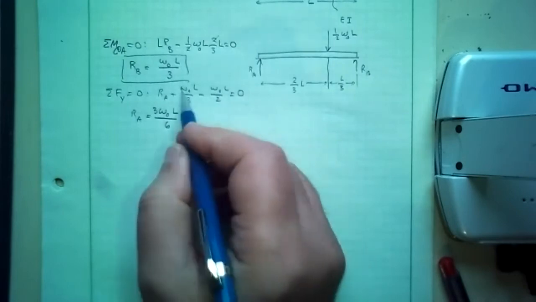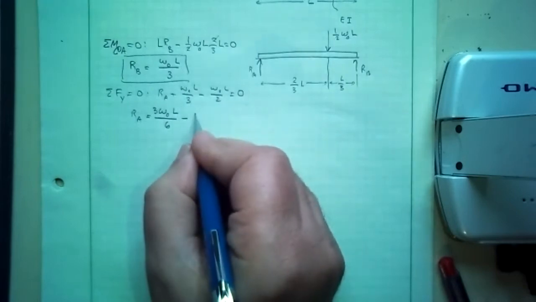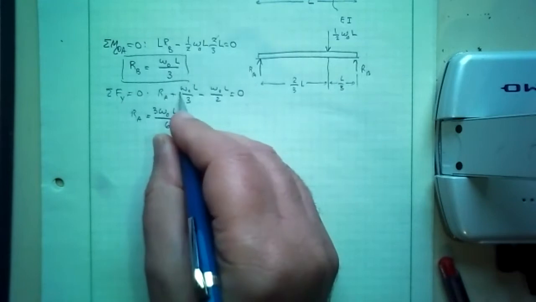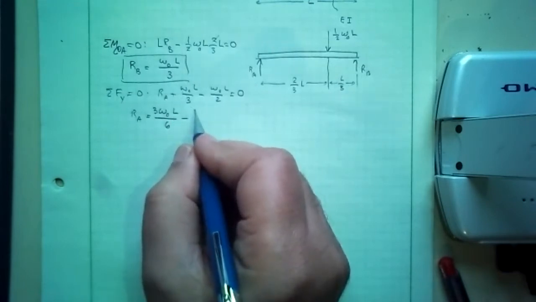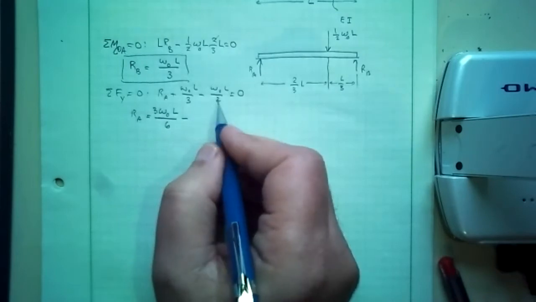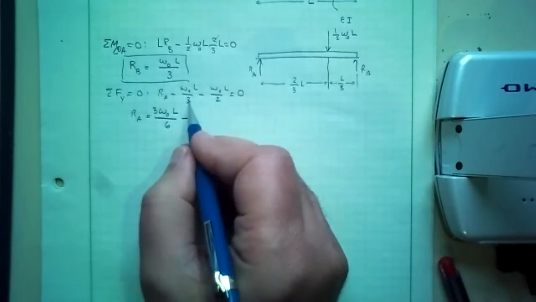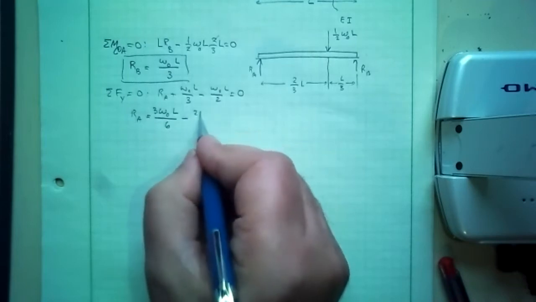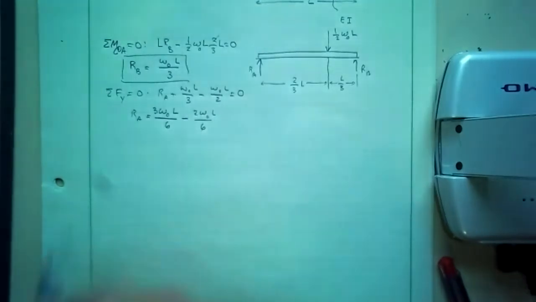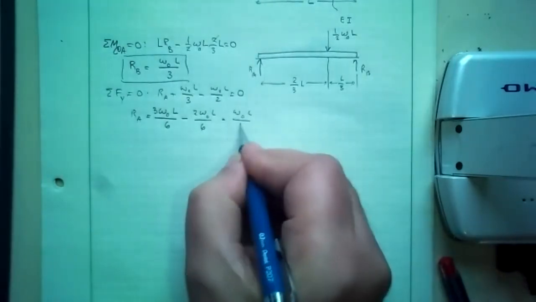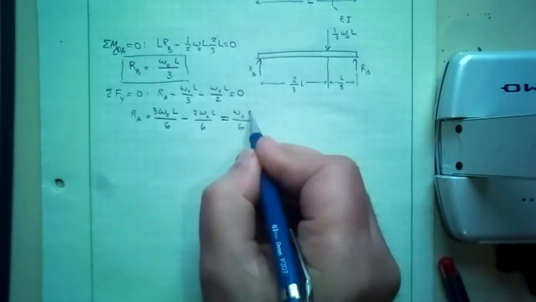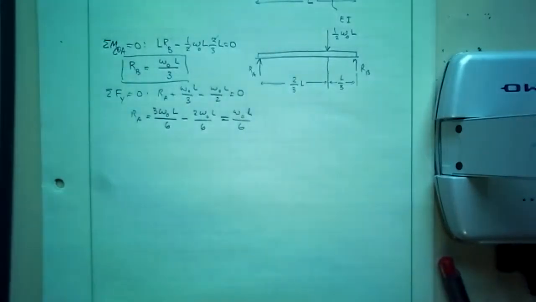That's this one. Minus. Okay, that's what I have. So this becomes W naught L over 6. All right, so this is my RA.